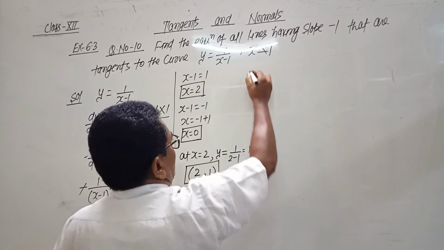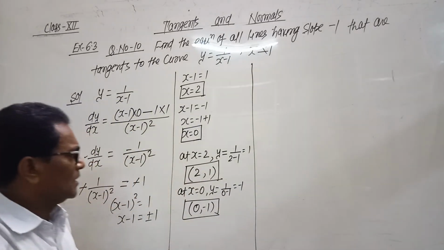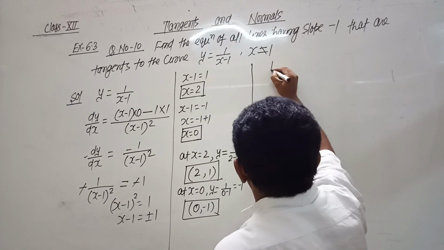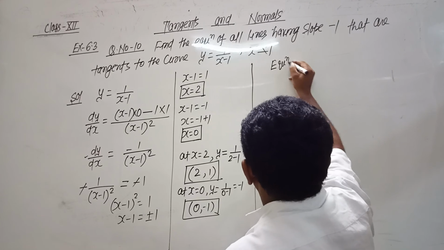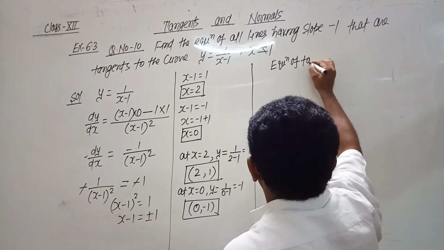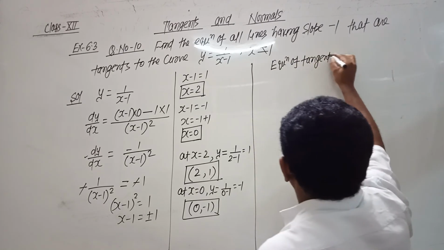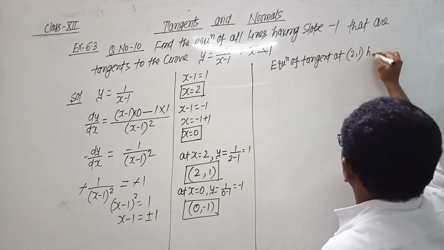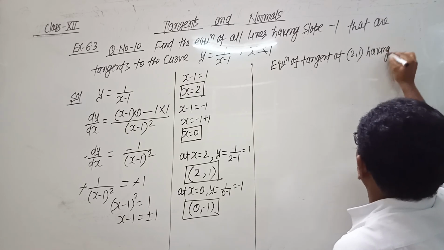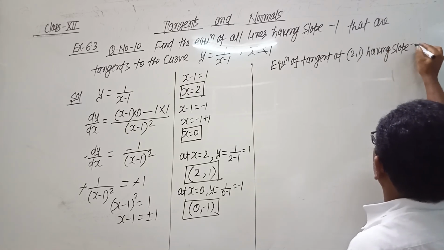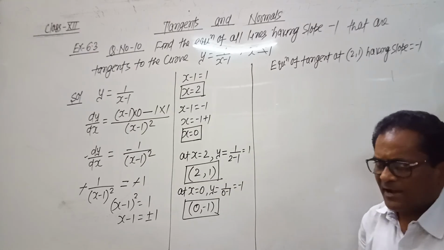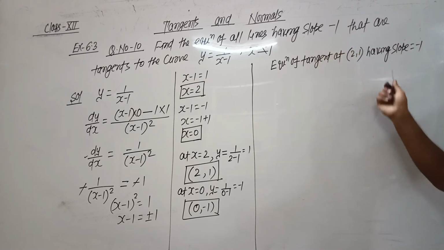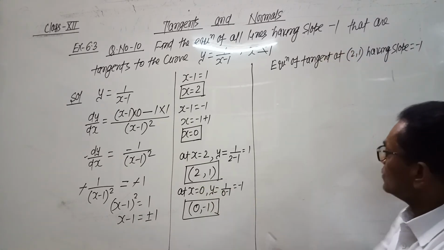Now for the equation of tangent, there are two points x1, y1. So the equation of tangent at point 2 comma 1 having slope minus 1, because we are given to find the equation of all lines having slope minus 1, and the point we have calculated is 2 comma 1.